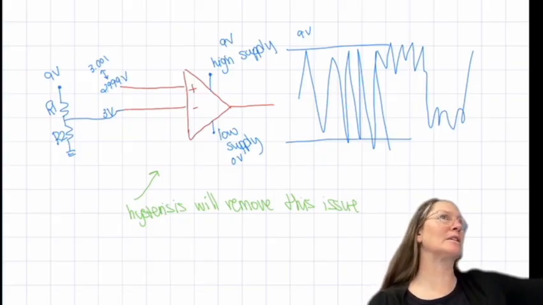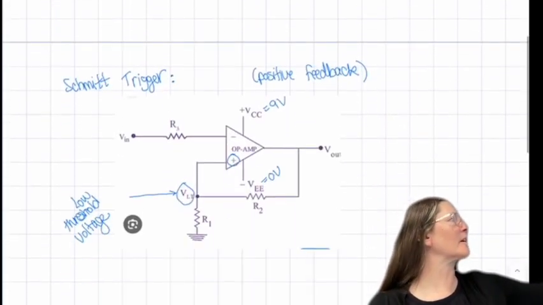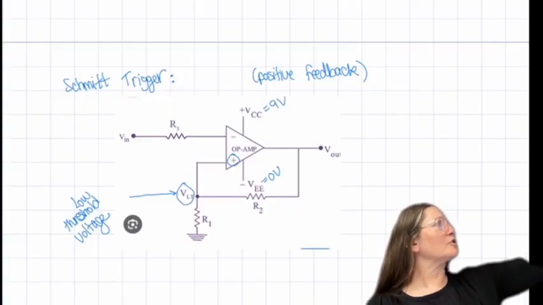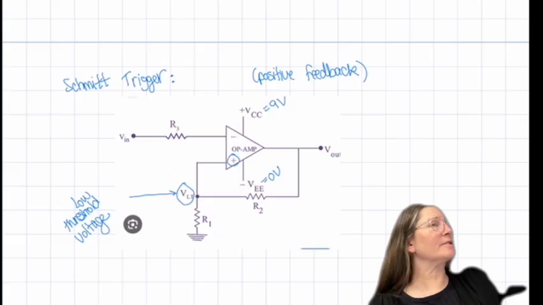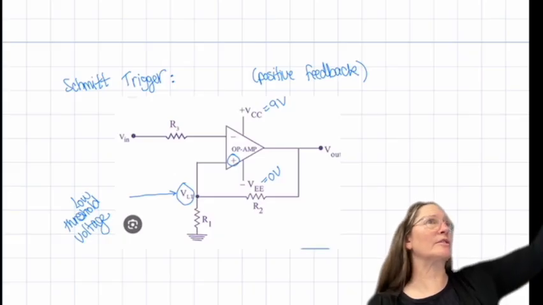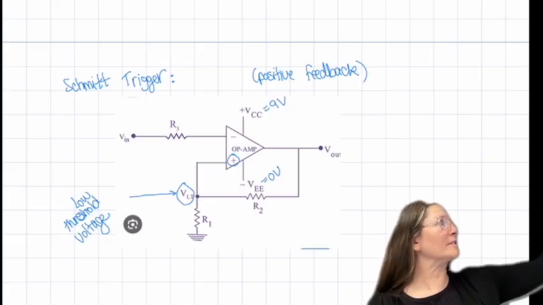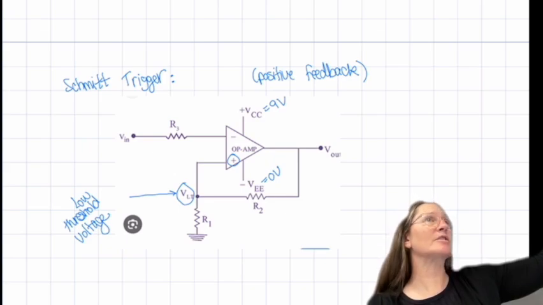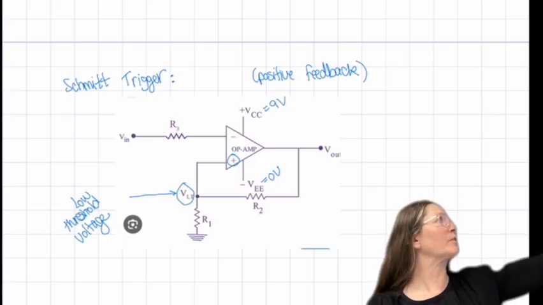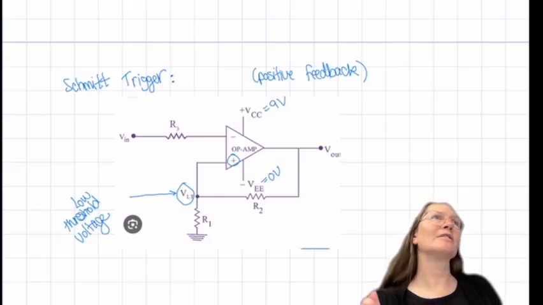It's the same idea as that voltage divider there. You're just using the output instead of the source voltage. And so when it fluctuates, it takes it a second to actually compare first. So it's still going to be 3 volts there, but it takes it a minute so that it doesn't keep fluctuating. Does that make sense?